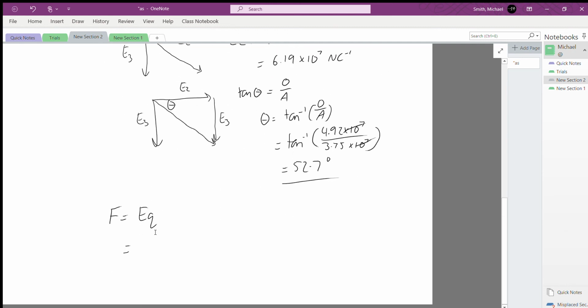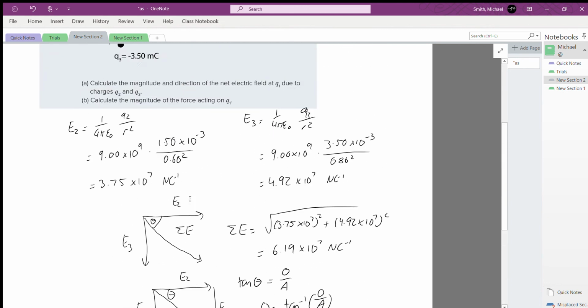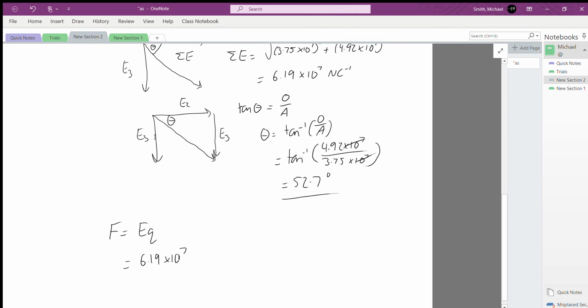That's the 6.19 times 10 to the power of 7 newtons per coulomb. The charge here is going to be the charge Q1.